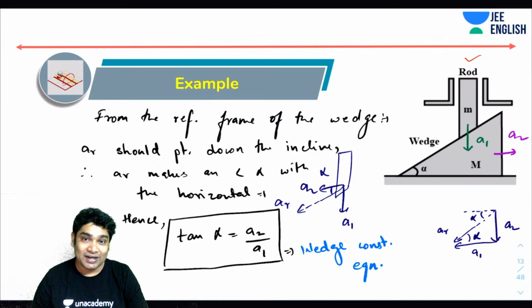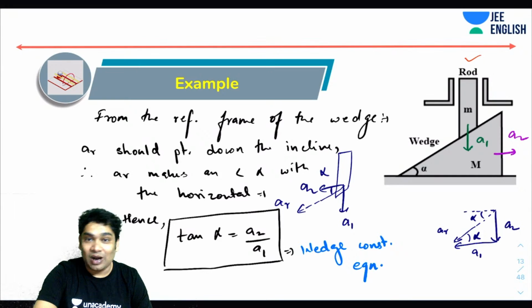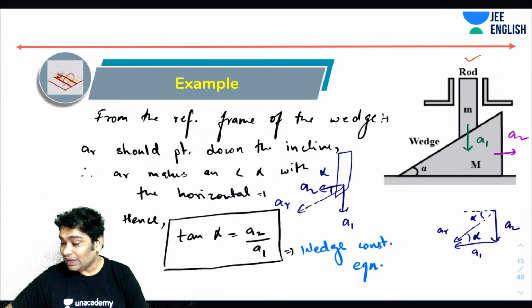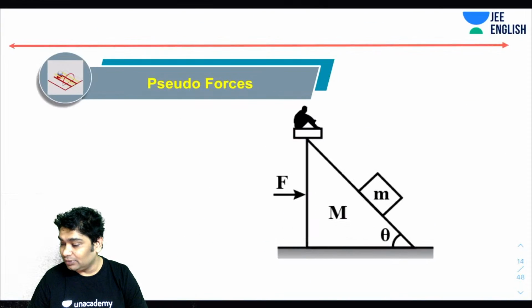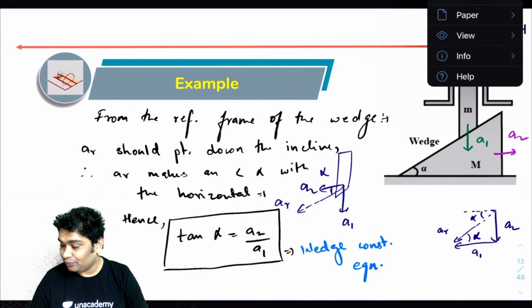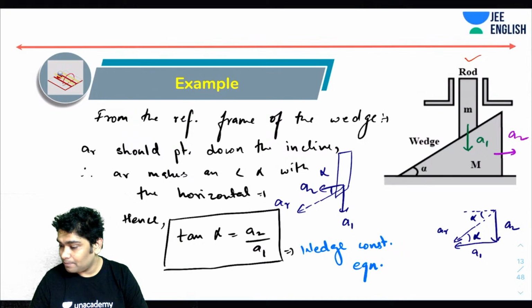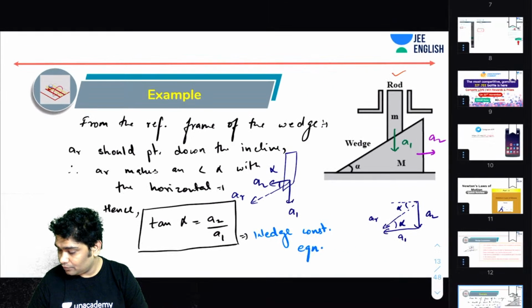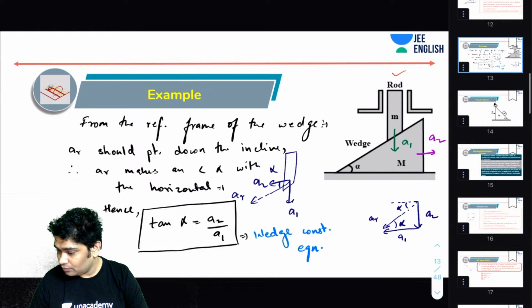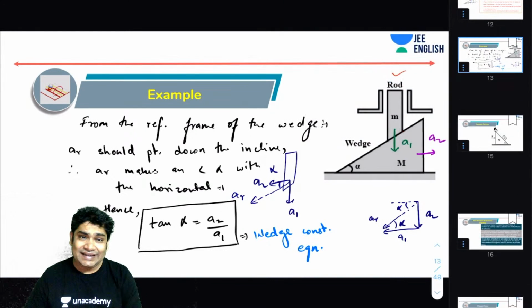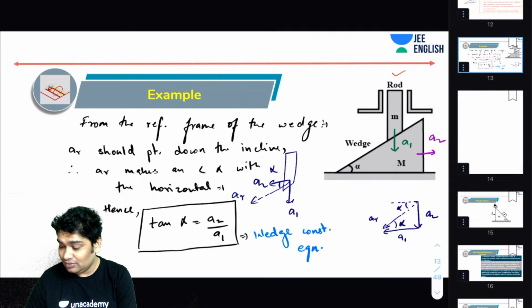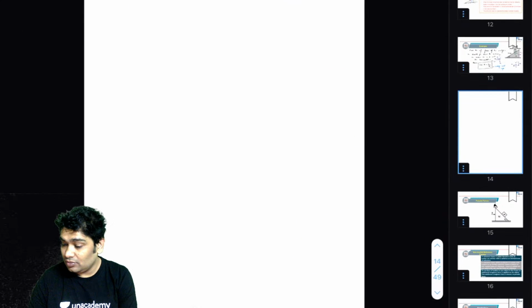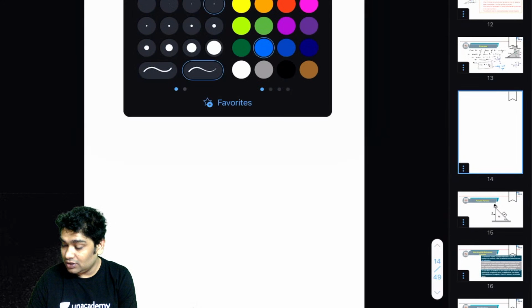So this was a simpler example where small m has to move in vertical direction. So you may have seen this many times. So how about a general example? Let's talk about a general example. So in general, this is one of the toughest cases that you may have.